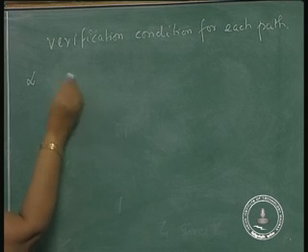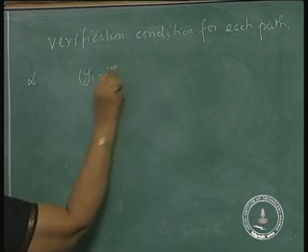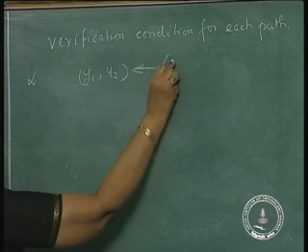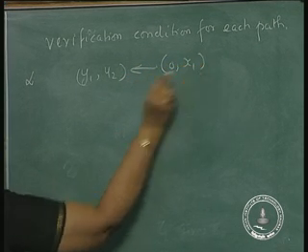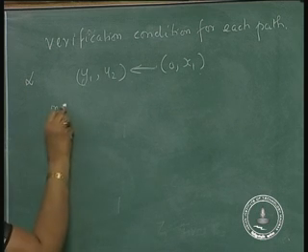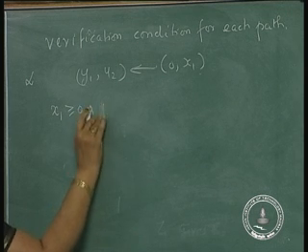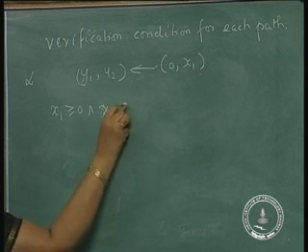Initially, y1, y2 is replaced by 0, x1. What is the input predicate? Input predicate is x1 greater than or equal to 0 and x2 greater than or equal to 0.